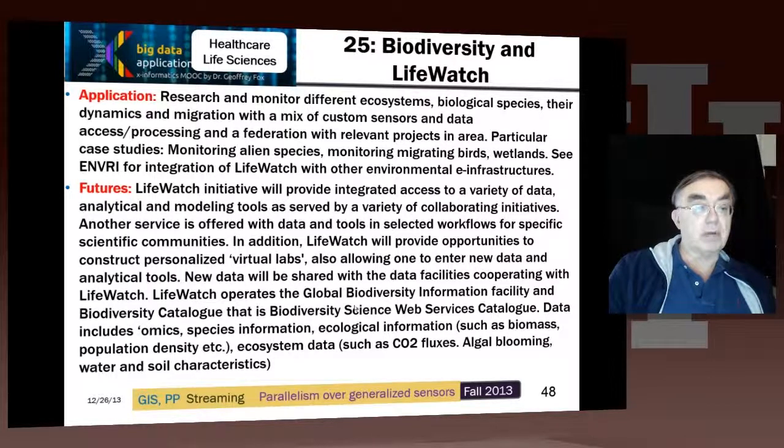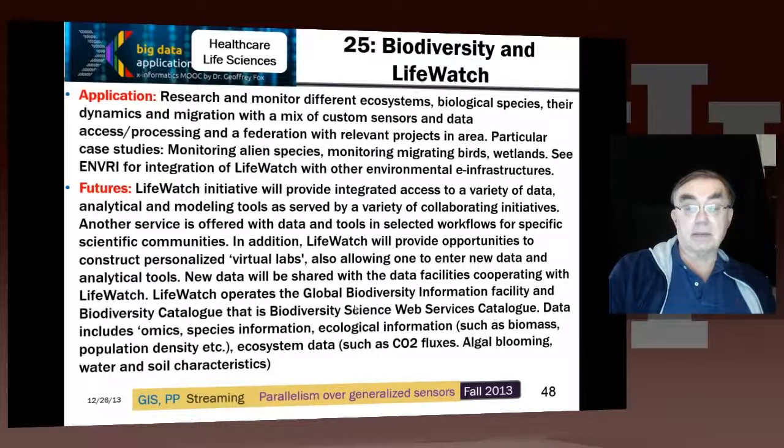There is a project called OMBRI, which takes this LifeWatch project and interfaces it with other environmental subsystems so they can share the infrastructure needed for processing. So LifeWatch is meant to develop and supply a lot of data analytic and modeling tools, and also to provide workflows that perform particular scientific analyses.